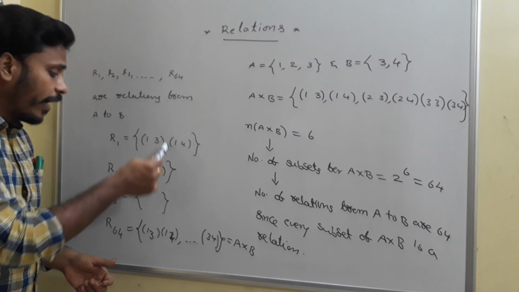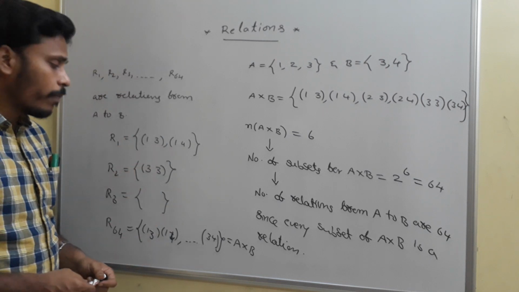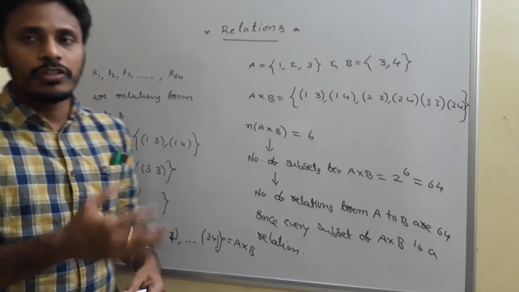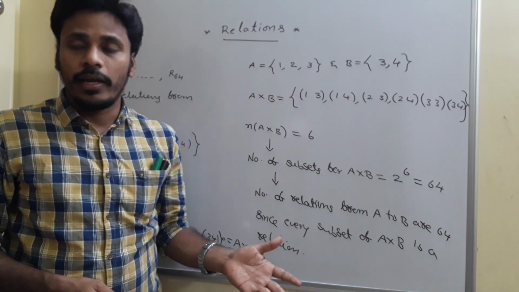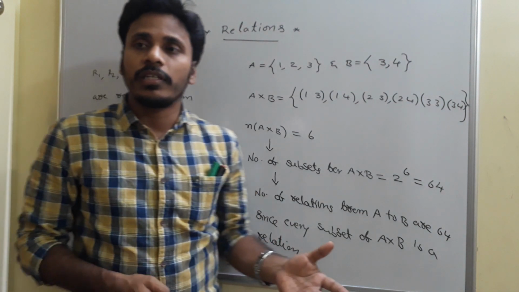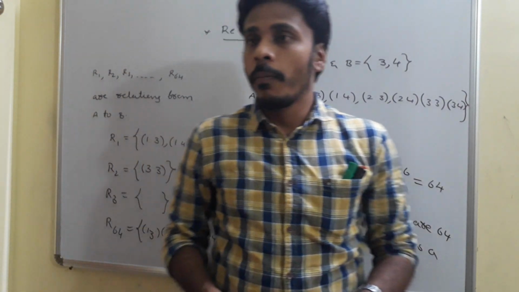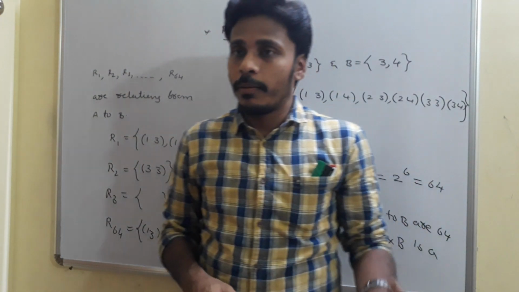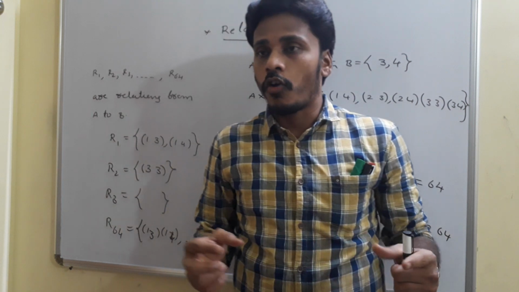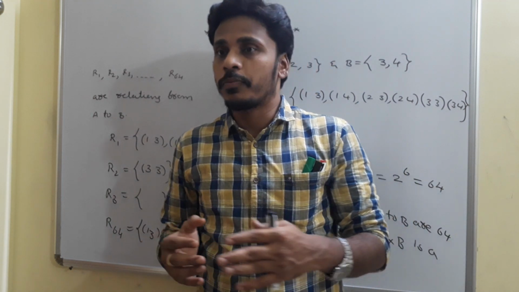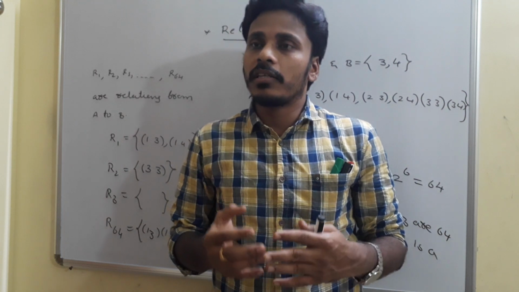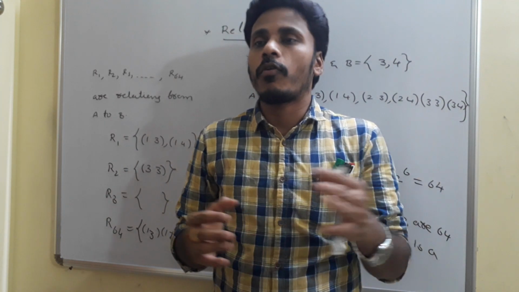After identifying these relations, we represent them in all possible ways, just as we discussed in the case of the Cartesian product: set builder form, graphical form, arrow diagrammatic form, as well as the list form. Since a relation is just a subset of A cross B, relations also have all those types of representations.